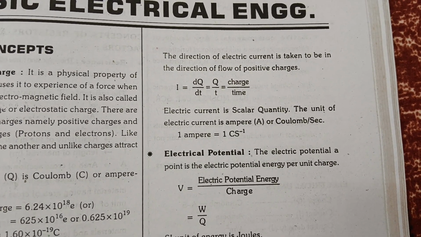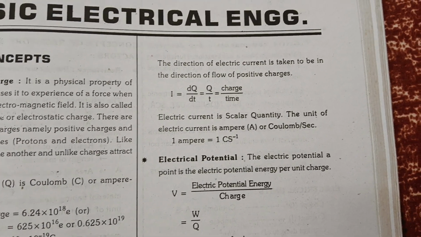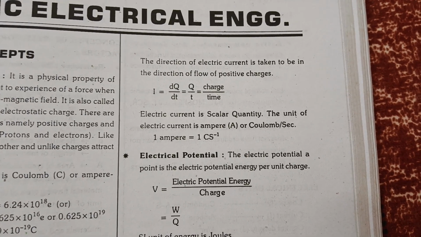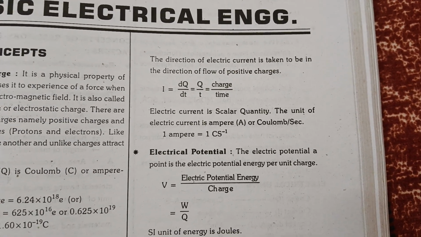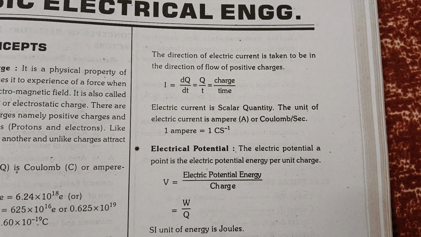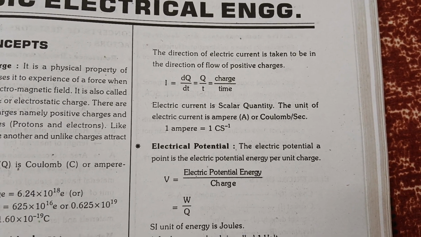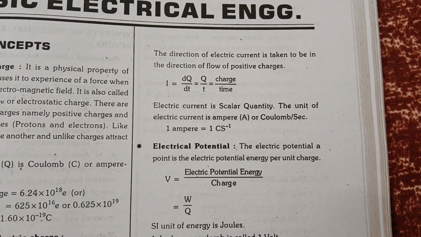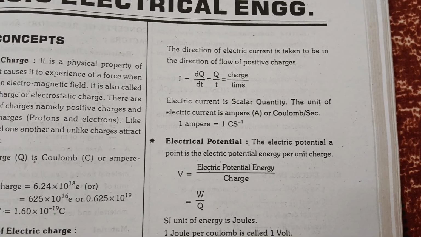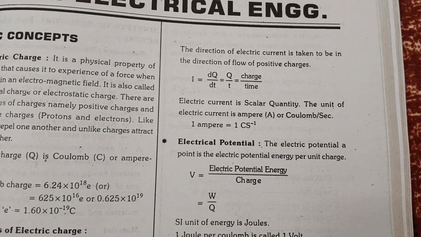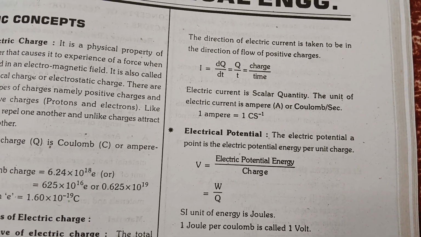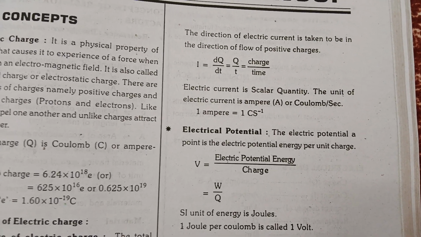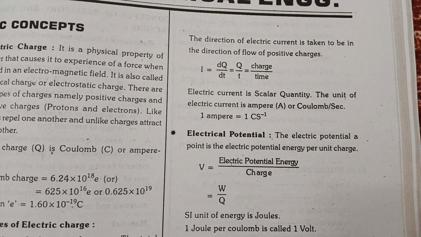Electric current is a scalar quantity. The unit of electric current is ampere or coulomb per second. 1 ampere equals 1 C s inverse, that is nothing but coulomb per second.